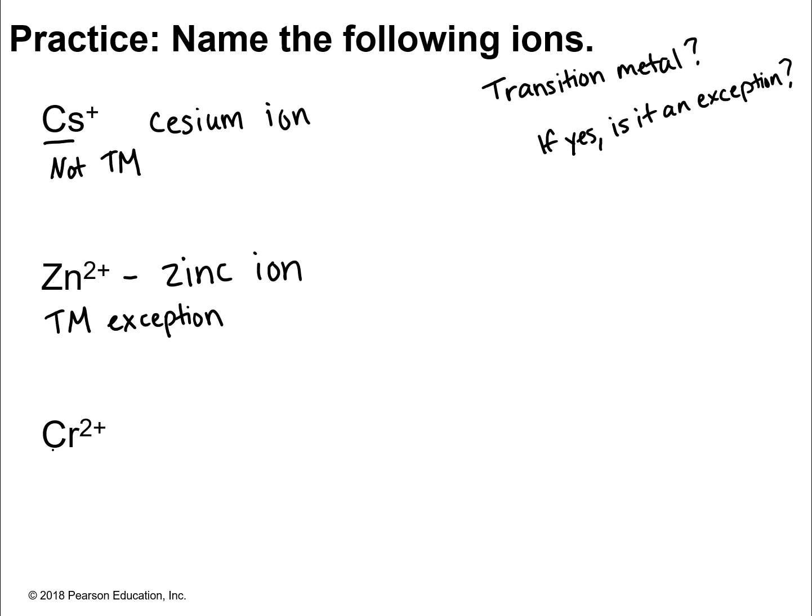This bottom one, Cr, transition metal or nah? I feel like that's a new game show. Transition metal or nah? Yes, it is. Is it one of our exceptions, or do we need to use the stock system?